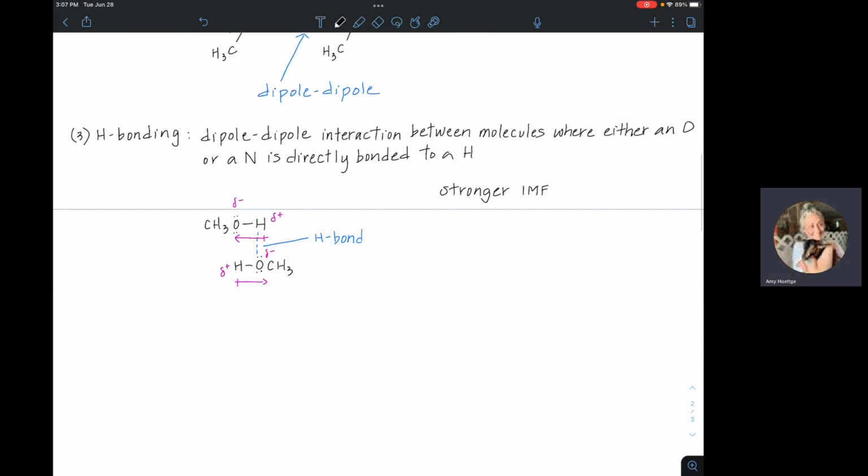Whereas a covalent bond is more like 200, 250, or something like that. They're a lot higher in energy.